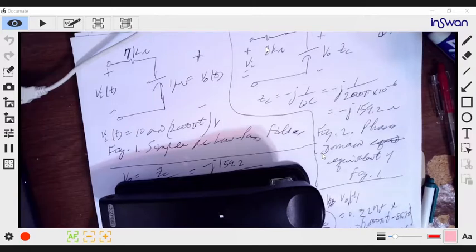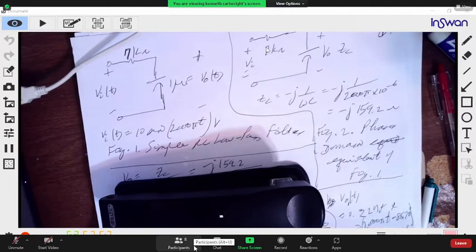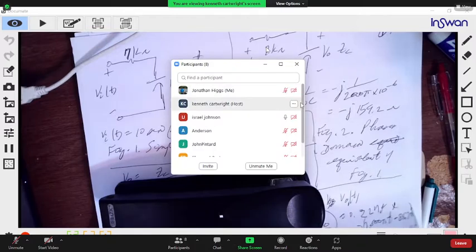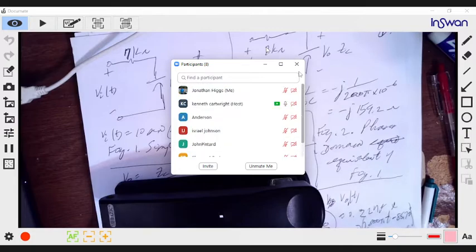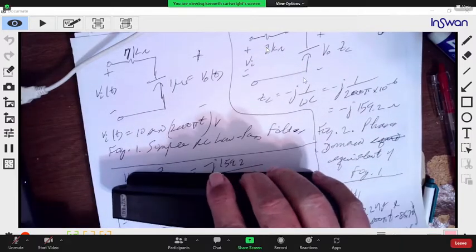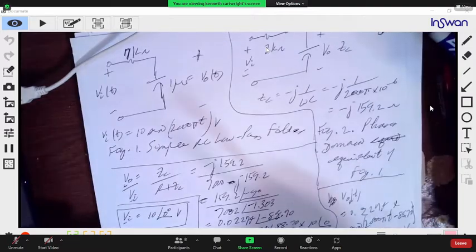What law is that? I ain't sure. I know the working though. You got to do better than that. You got to know what you're doing. That's the voltage divider rule.